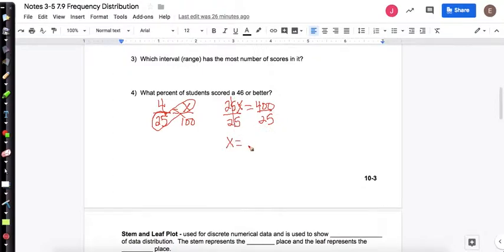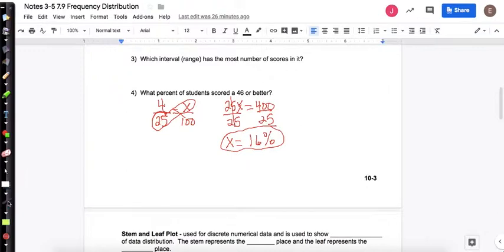And 400 divided by 25 is 16%. So again, the way most of you are familiar with is to divide this and get 0.16 and then change 0.16 to a percent. That's another way or strategy to get a percent from a fraction.